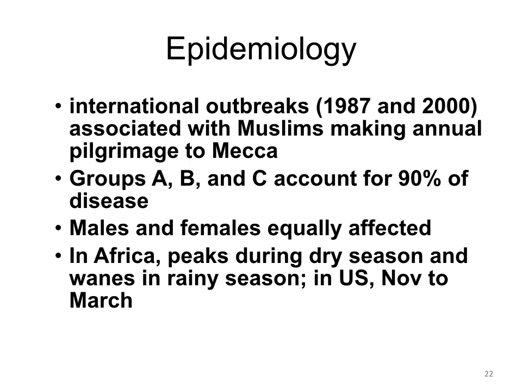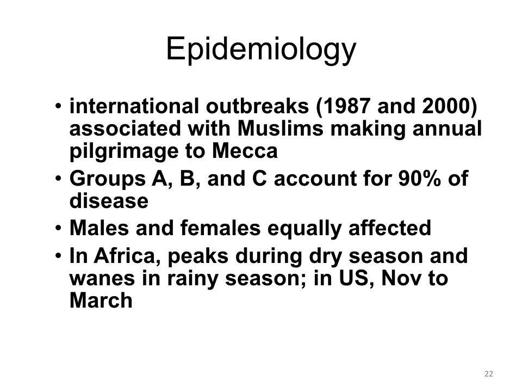Invasive meningococcal disease can also lead to outbreaks. For example, there were documented outbreaks like in the year 2000, which was associated with the annual pilgrimage to Mecca. In general, A, B, and C, as I mentioned, account for the majority of diseases, with serogroup Y, W, and X accounting for the rest.